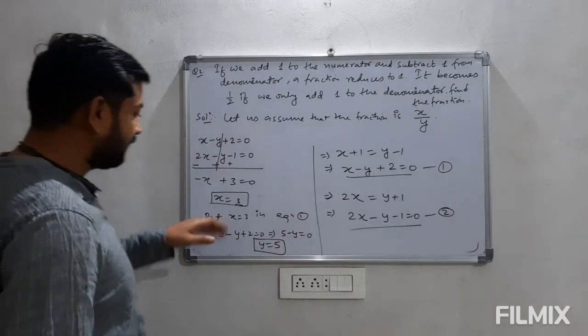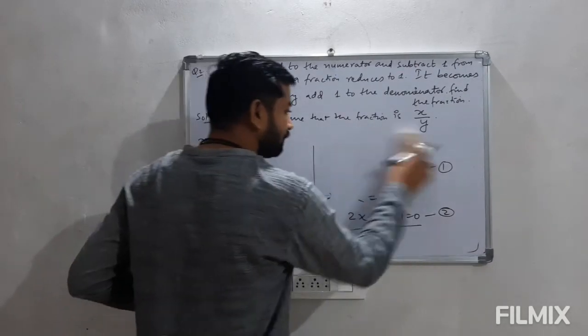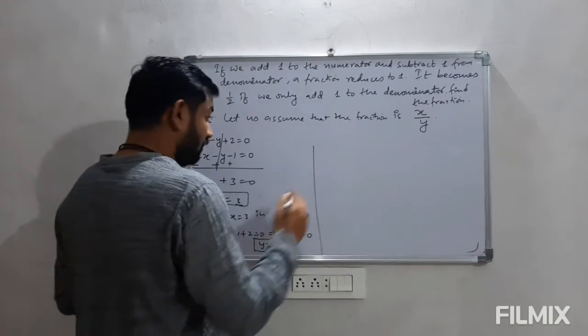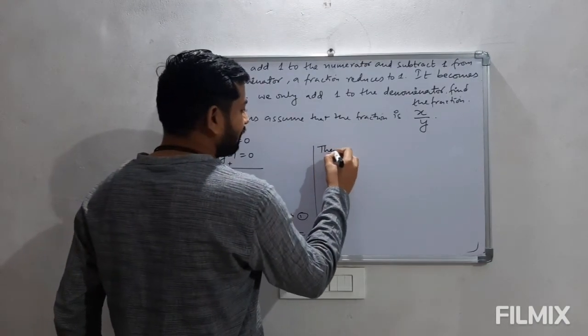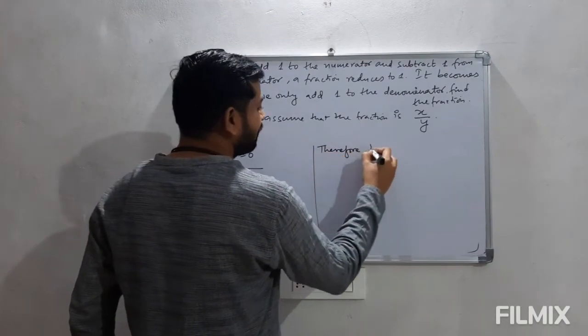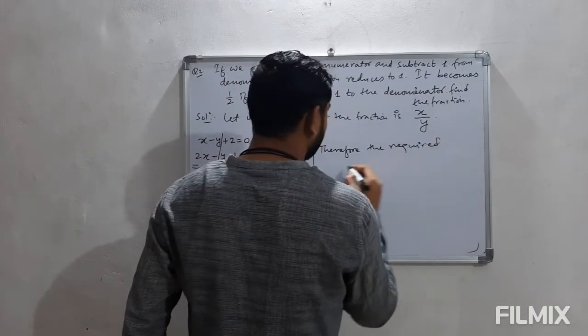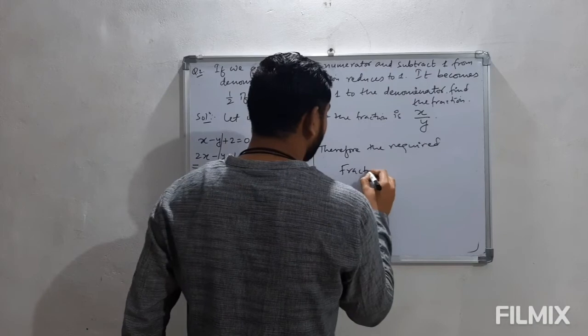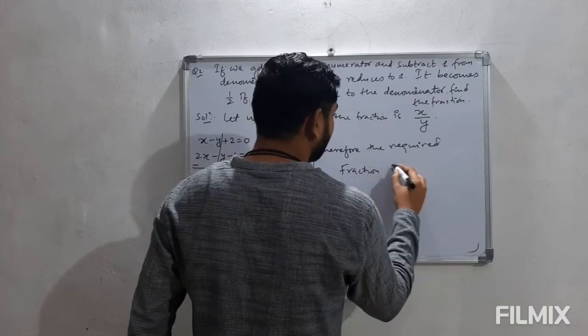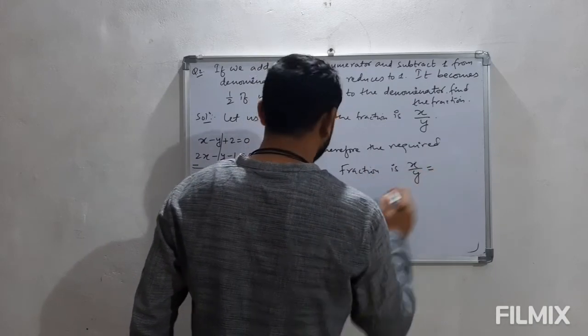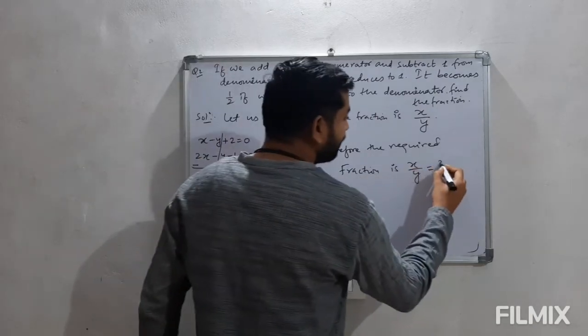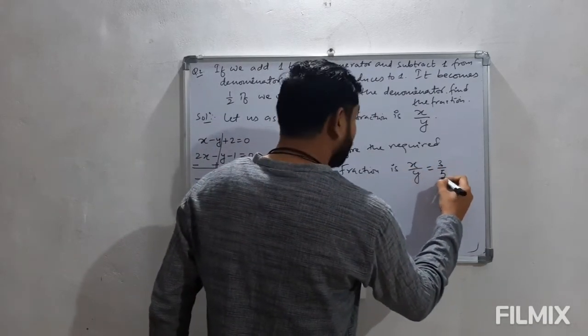So x is 3 and y is 5. Therefore the required fraction is x upon y, that is nothing but the value of x is 3 and y is 5.